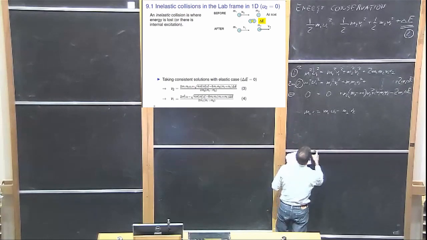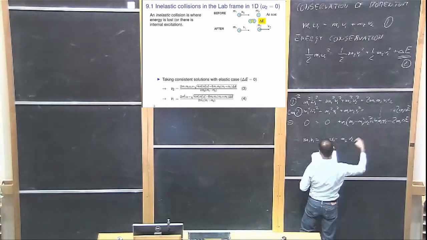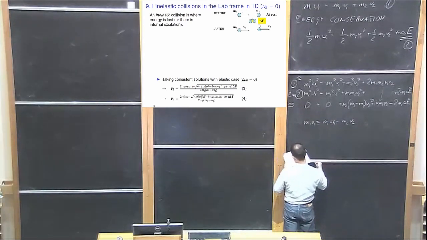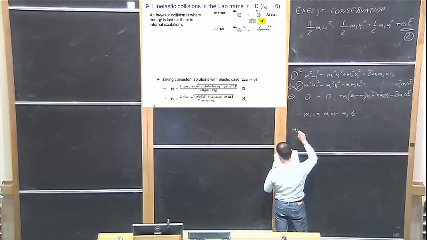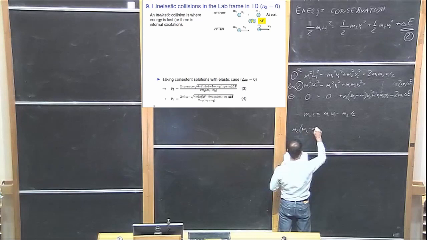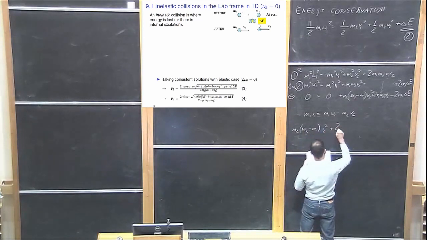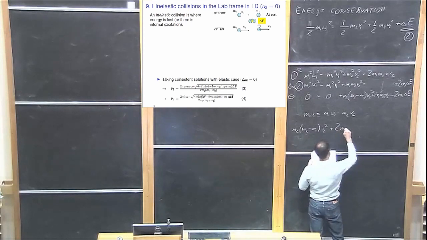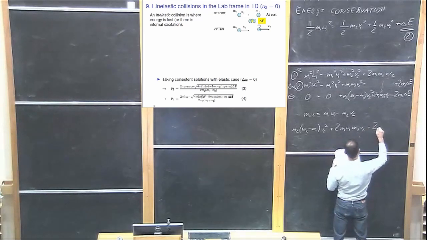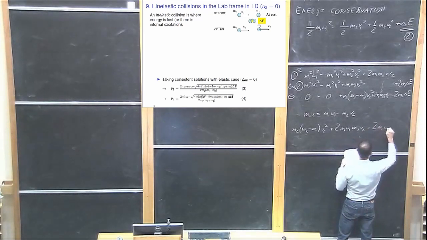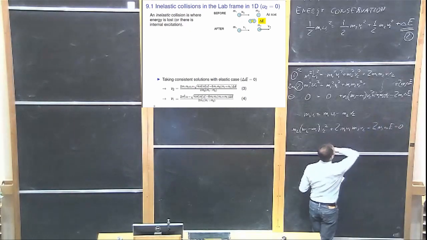And if I plug that into here, this m1 v1 in here, I get m2 minus m1 v2 squared plus 2 m1 v1 m2 v2 minus 2 m1 delta E equals naught. I've basically just repeated that line.